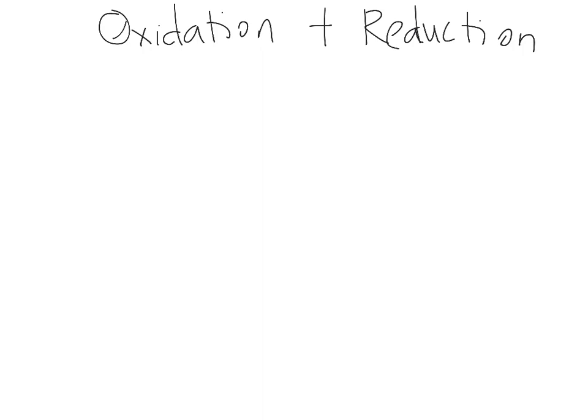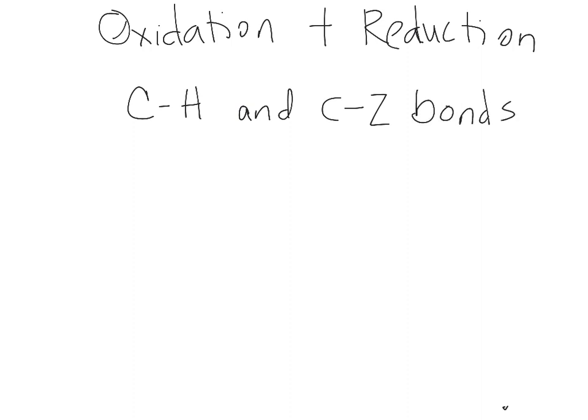So how do we define oxidation and reduction? It all has to do with the relative number of C-H and C-Z bonds in a molecule. Remember that Z is just some sort of electronegative atom, something more electronegative than carbon.